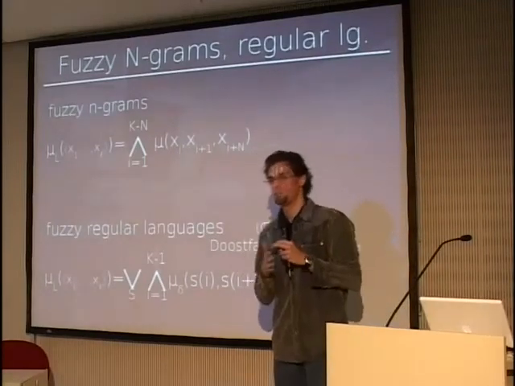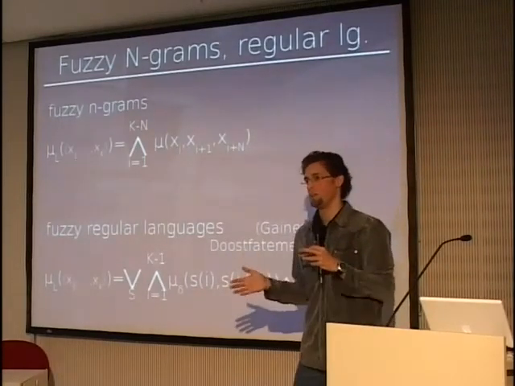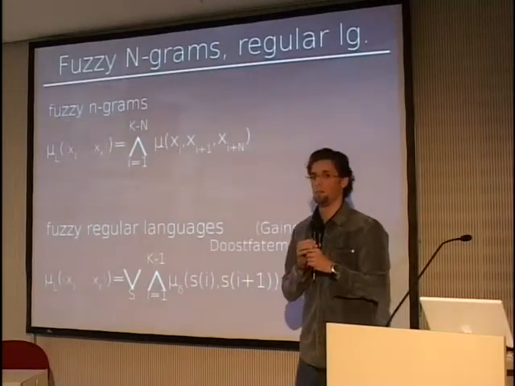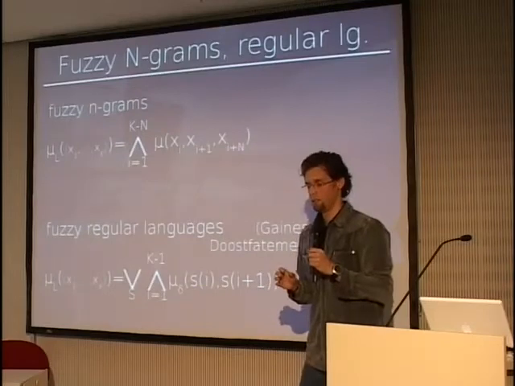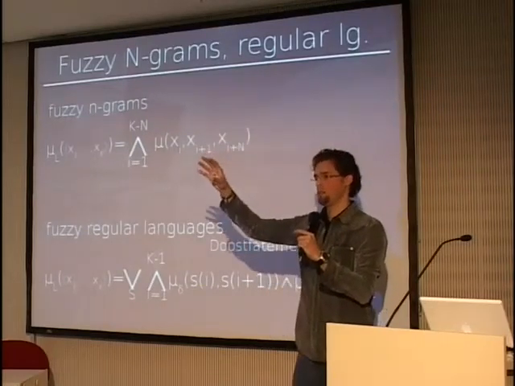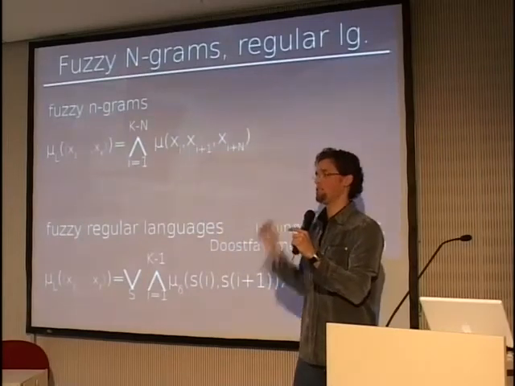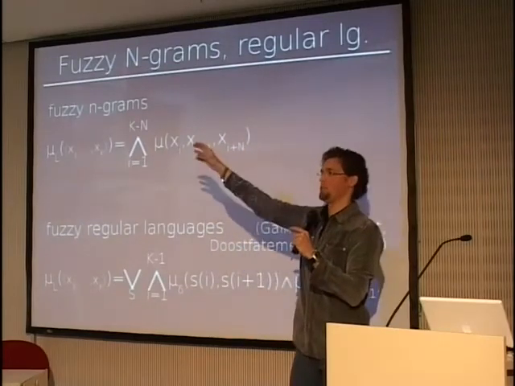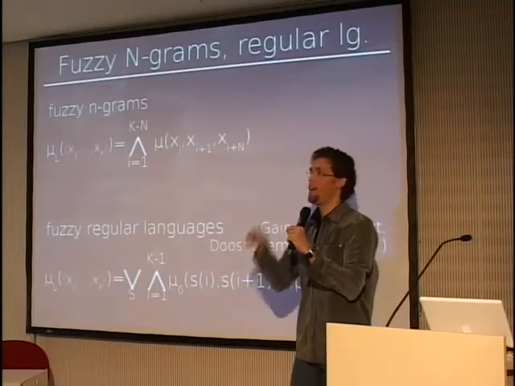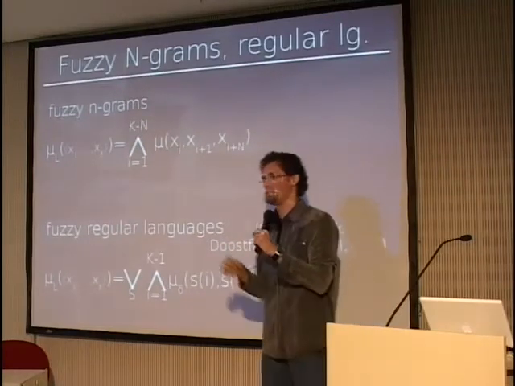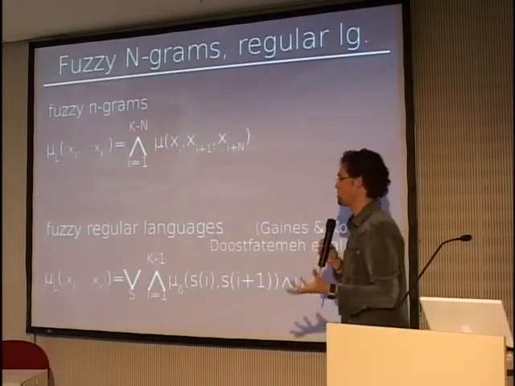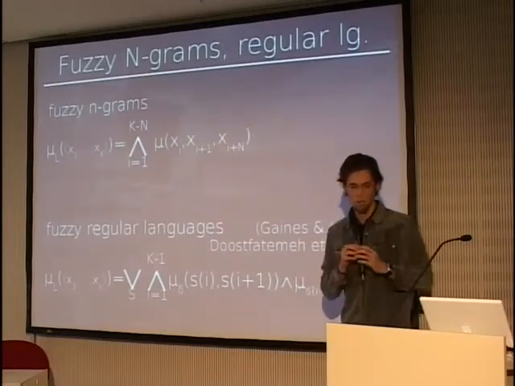So then you say that a certain string is in the language defined by that automaton if it fulfills the requirement that the first state accepts the first symbol, and you make this transition, and the second state accepts this symbol, or you make this transition, and the second state accepts this symbol. So this whole thing is just a big disjunction of conjunctions. It's just a disjunctive normal form.